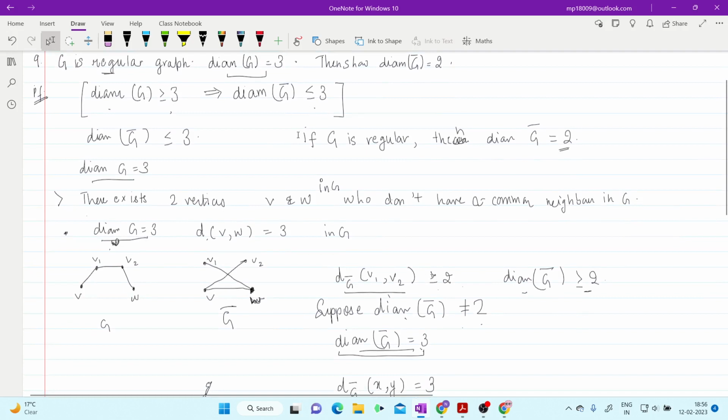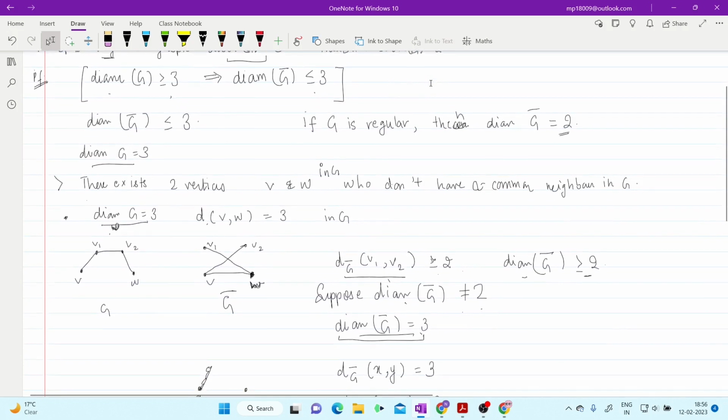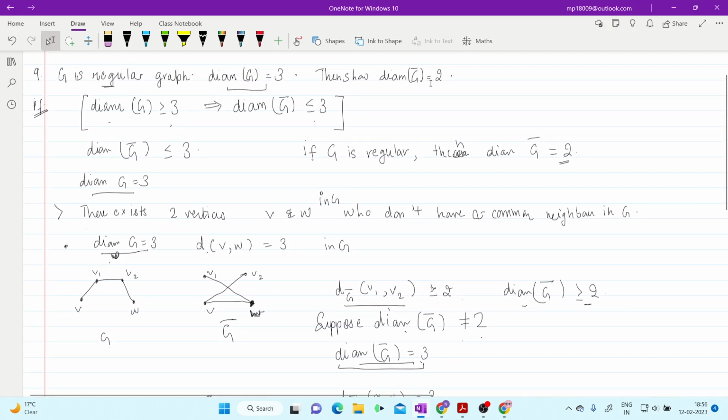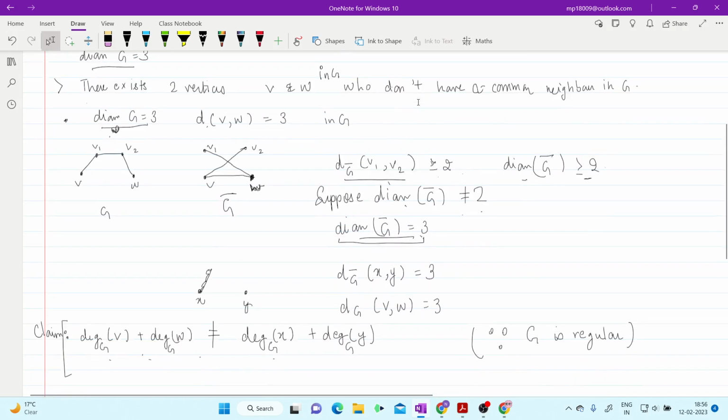So we are proving this by contradiction. We are assuming, suppose diameter G bar is not equal to 2. And if diameter of G bar is not equal to 2, then there is just one possibility for diameter G bar. That is, it has to be 3.